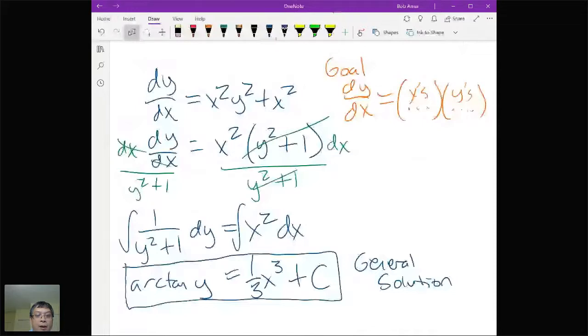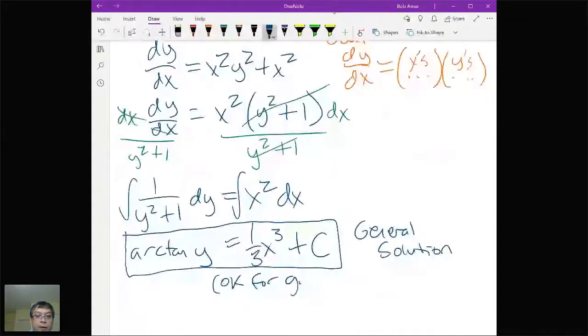So it's okay for a general solution not to isolate y. If I knew what point the solution y passed through, then I could actually solve this for C and then get what we call a particular solution.